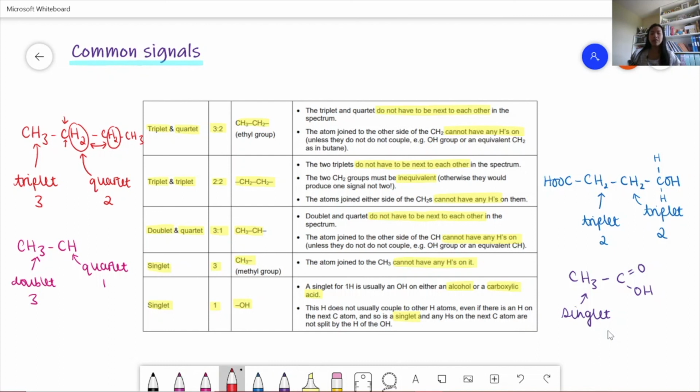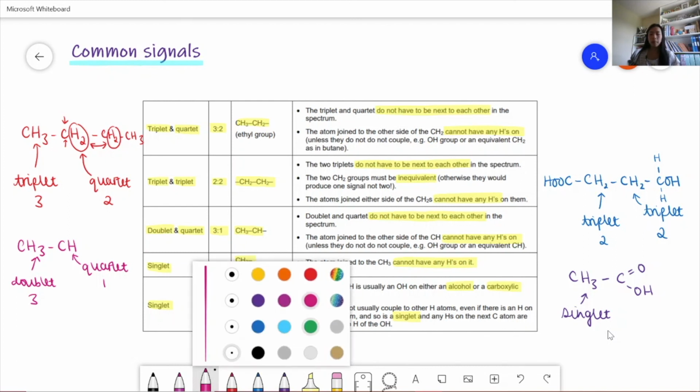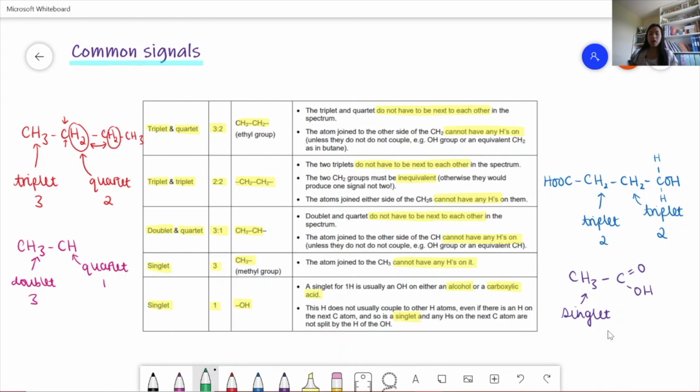So what we have is, for example, we can look at ethanoic acid. So we have CH3 and CH2OH.